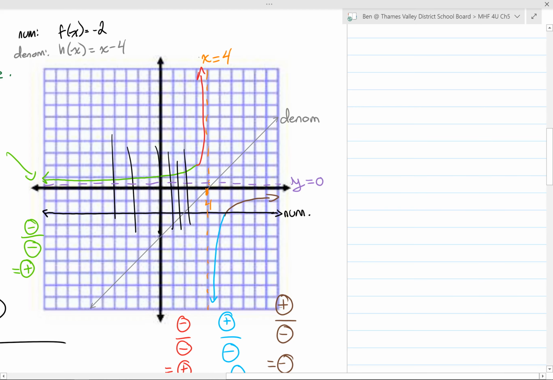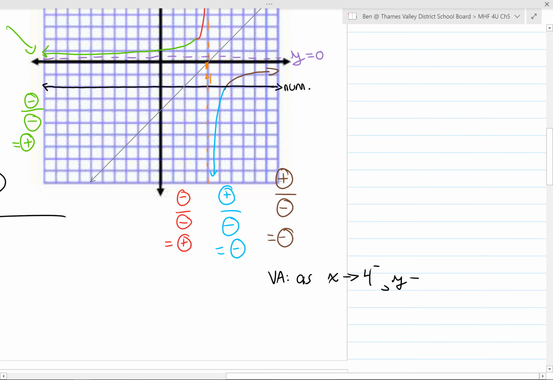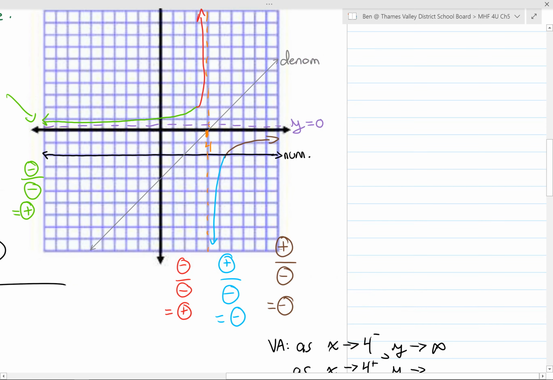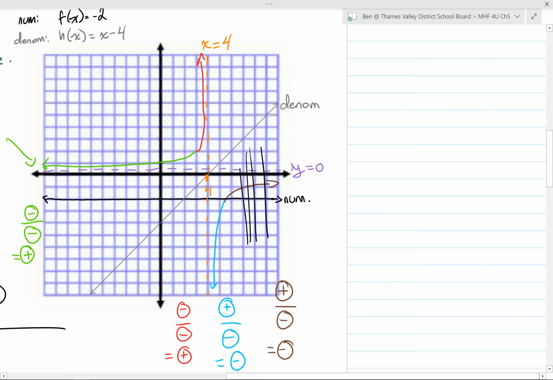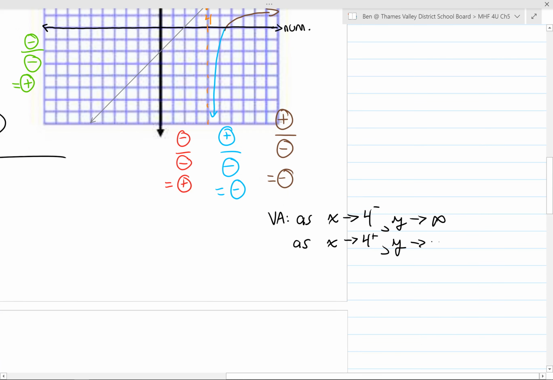My y value approaches positive infinity. So we would say here y approaches infinity. And then as x approaches 4 from the right, y approaches, and I go up here and check, and I can see that my y values plummet. They get very low very fast, and that is y is approaching negative infinity.